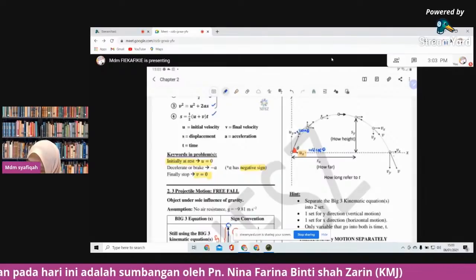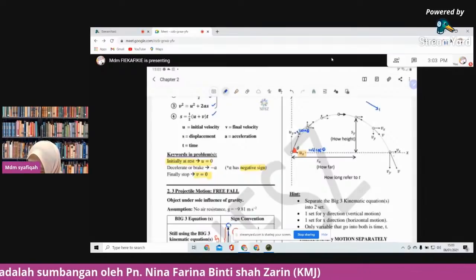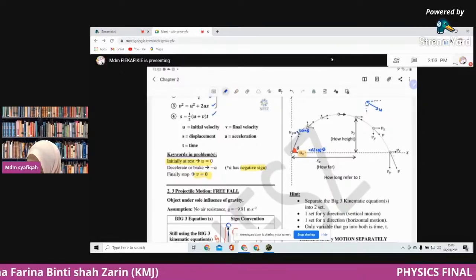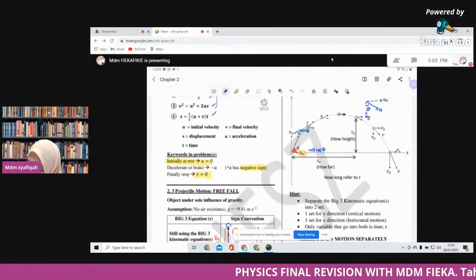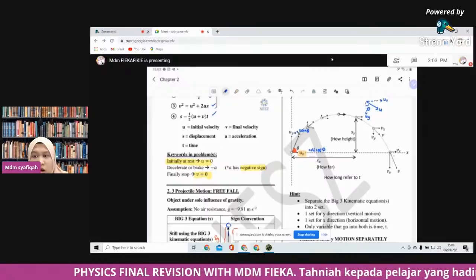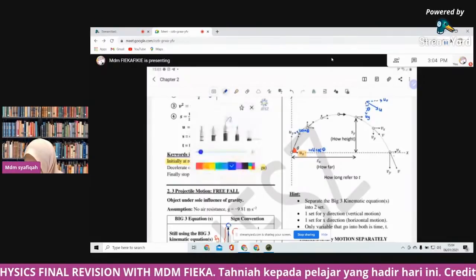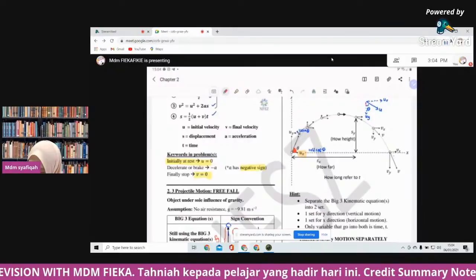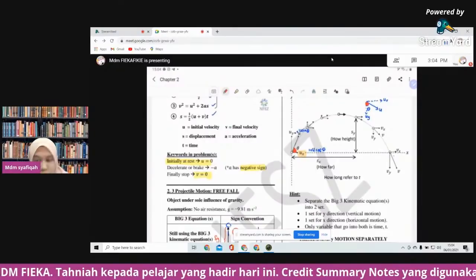Okay, kalau dia launch macam ni, saya bagi theta kat sini. So Ux and Uy, so Ux is not cos. Tengok pada dia punya angle here. Siapa yang dekat dengan angle ni? Uy.